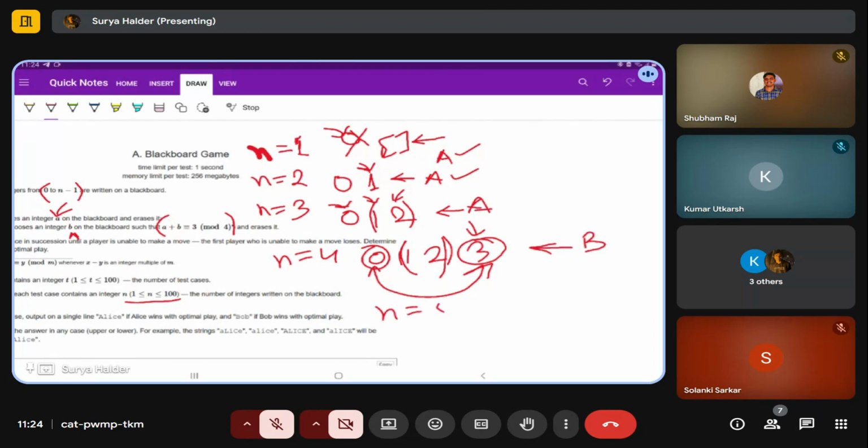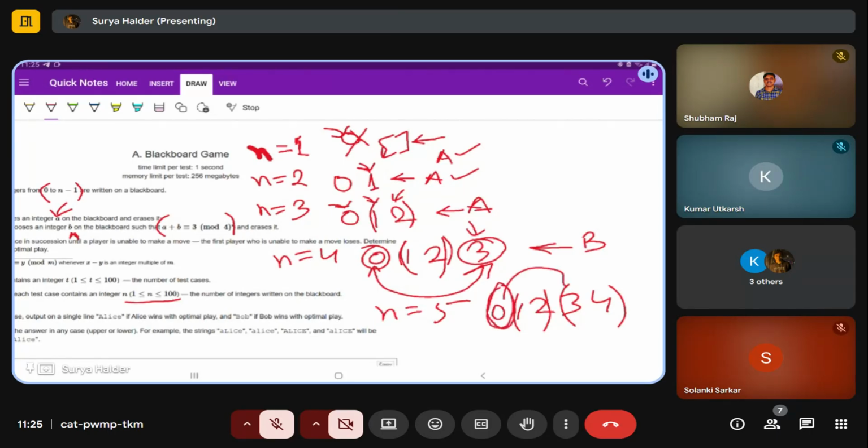For n equals 5, if I consider groups like this: if Alice picks up 1, Bob picks up 2. If Alice picks up 3, Bob picks up 4. If Alice picks up 4, Bob picks 3. If Alice picks 2, Bob picks 1. But 0 is remaining.